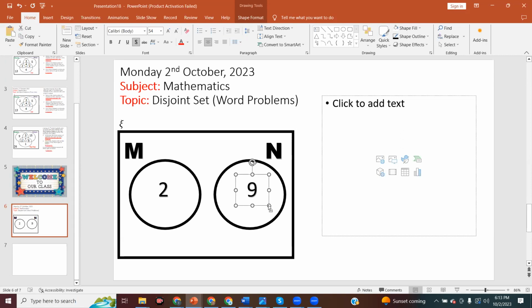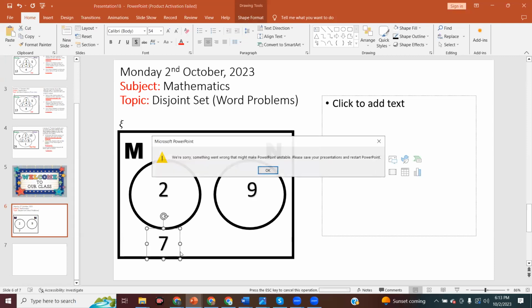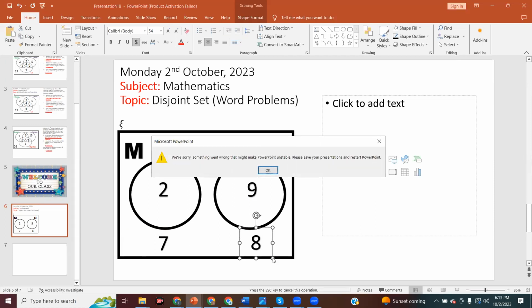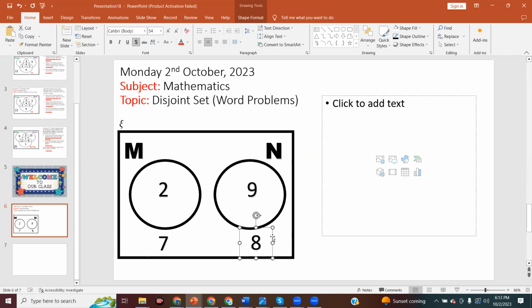Then at the bottom here we have 7. Please draw this exactly like how I have it. For this one we have 8, and in here we have 6.